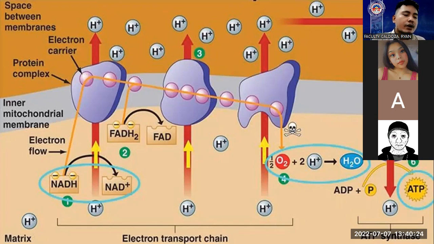To make it stable, it has to have two positive ion charge na hydrogen. Kapag dumikit ang dalawang positive ion charge na yan sa oxygen, nagkakaroon tayo ng tubig or water. Okay, nakukuha niyo kung paano tayo nagkakaroon ng ATP and water.